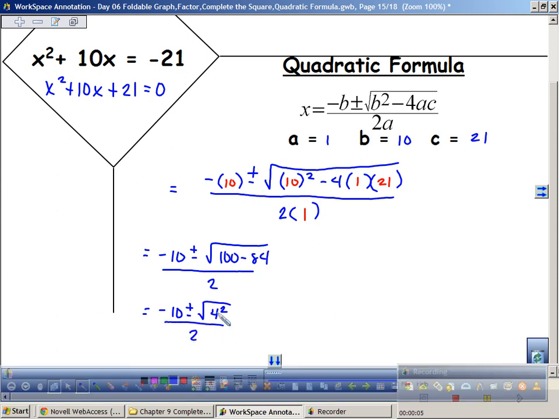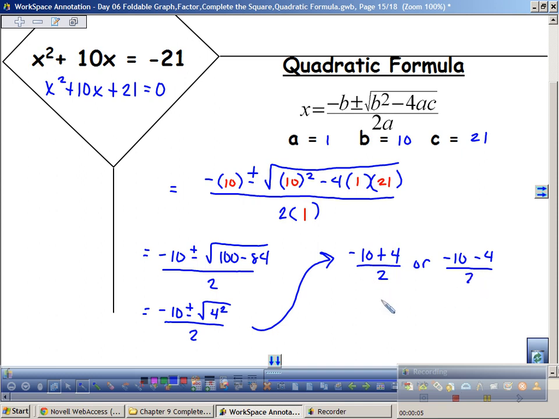It's positive. The discriminant's positive means there are 2 roots, right? Follow this up here. Negative 10 plus 4 over 2, or negative 10 minus 4 all over 2.